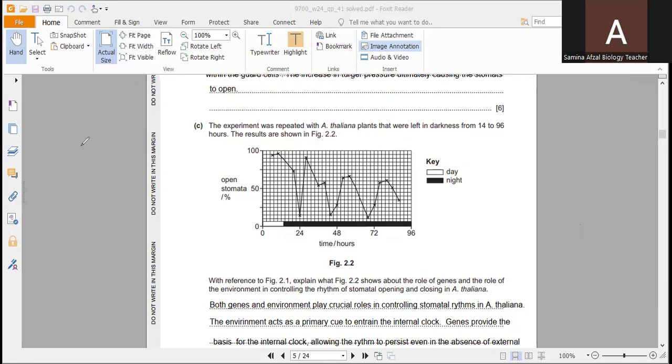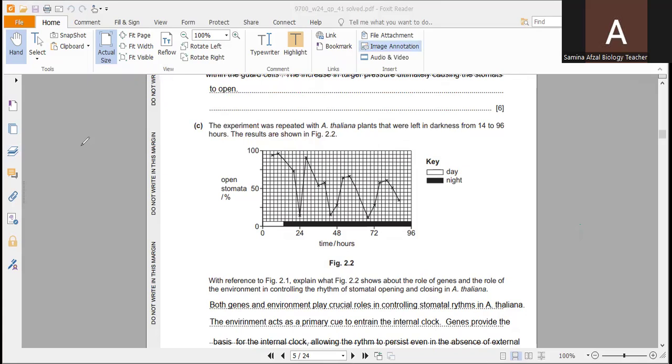But this demonstrates the strong influence of the environment. Environment means if there is light, the stomata are open. If there is darkness, the stomata are closed. So the rhythm is entrained, synchronized by the external light cues.